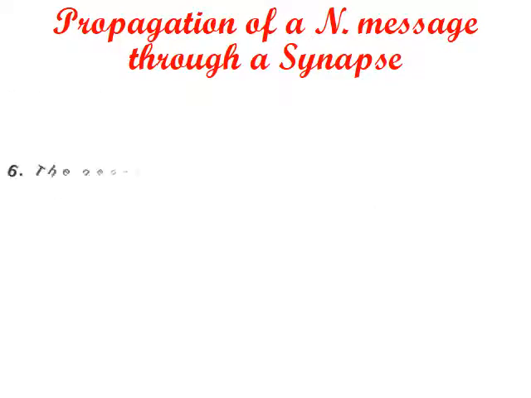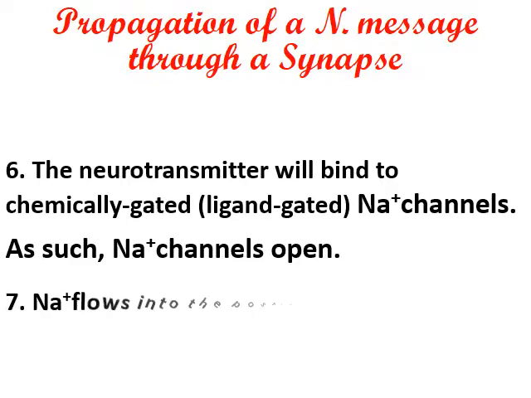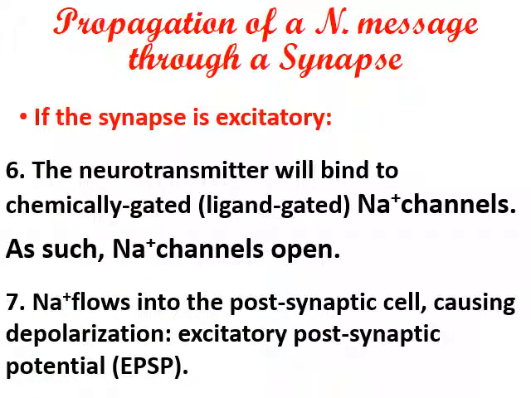Moving to steps 6, 7. If the synapse is an excitatory one, what happens? The neurotransmitter will bind to a chemically gated, ligand-gated Na+ channel. As such, sodium channels will open. Na+ ions flow into the postsynaptic cell, causing depolarization.